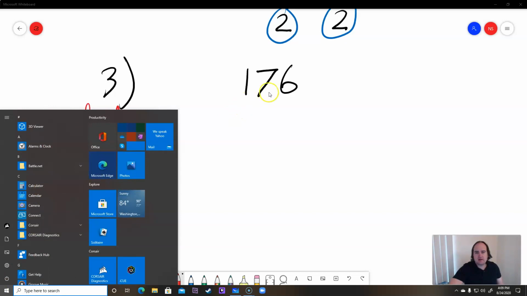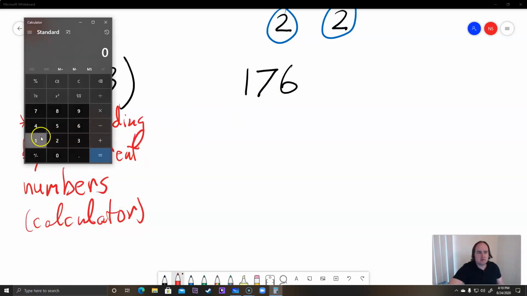So I see that 176 is even, so I'm going to divide it by 2. So I'm going to do 176 divided by 2 and see what that gives me. That gives me 88. Okay, so what does that mean? Well, if 176 divided by 2 equals 88, that means that I can write 176 as 2 times 88.